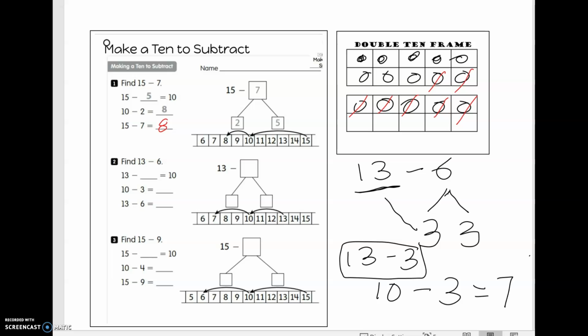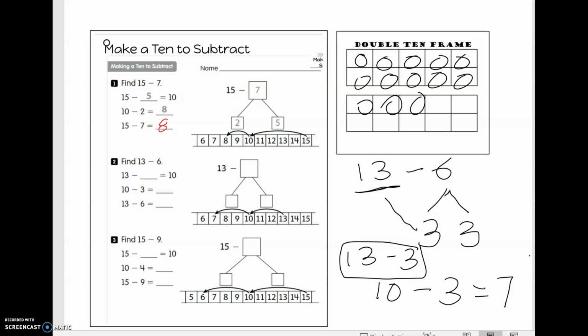Let's try to do this on the double frame. So I'm going to put 13 circles, 1, 2, 3, 4, 5, 6, 7, 8, 9, 10, 11, 12, 13. Alright, so now I'm going to make 10 on the double frame.